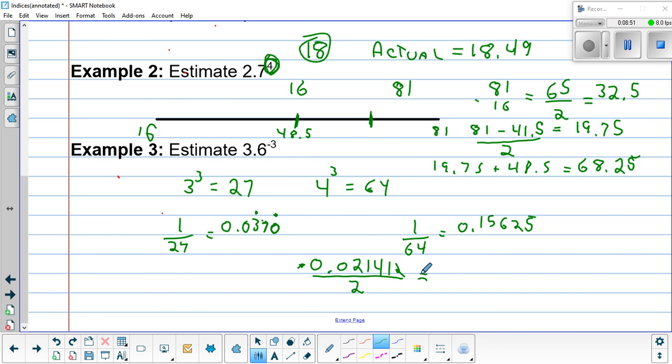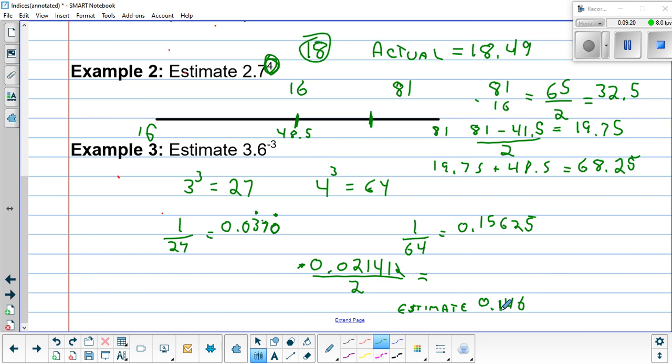Right, so we can add that on to either one. So my estimate is going to be 0.146. I'm just going to leave it to 3 decimals because it doesn't ask us.